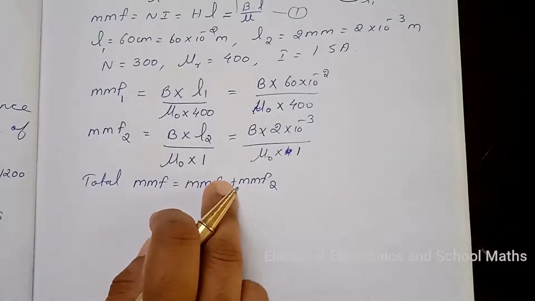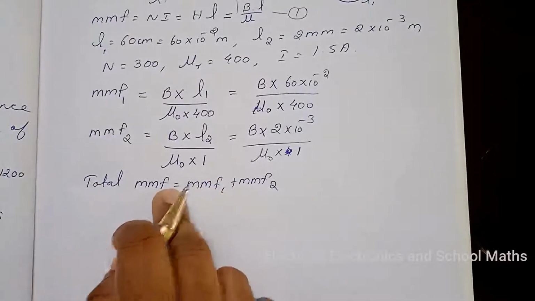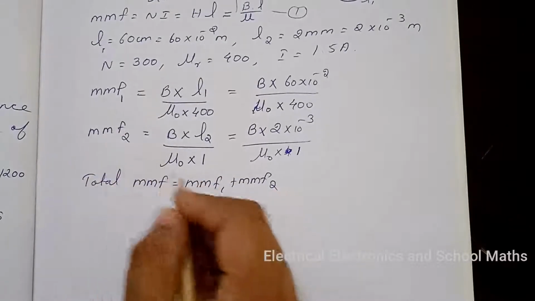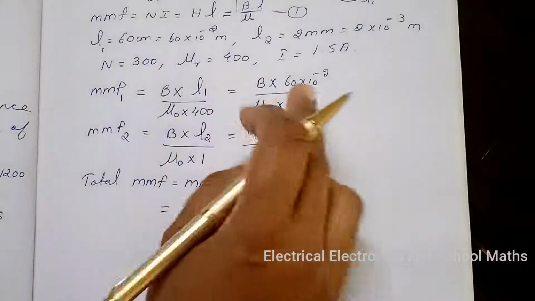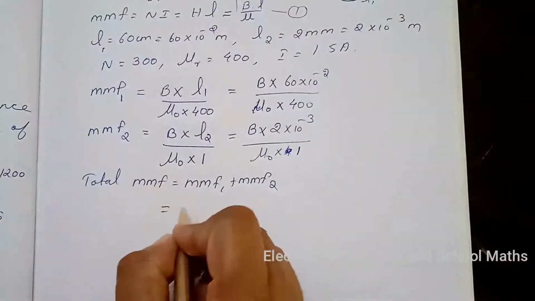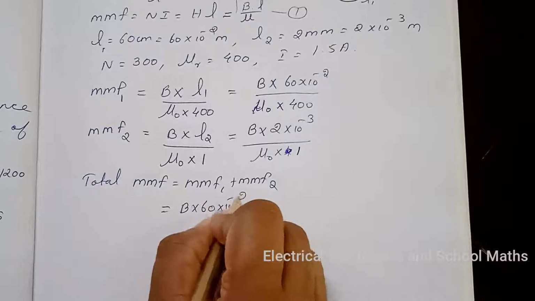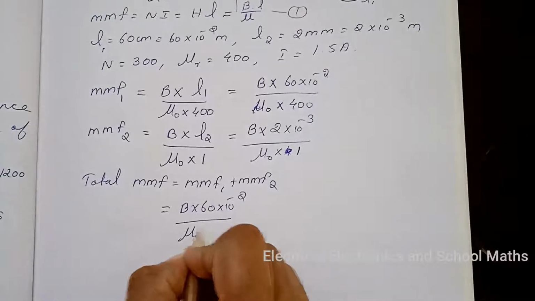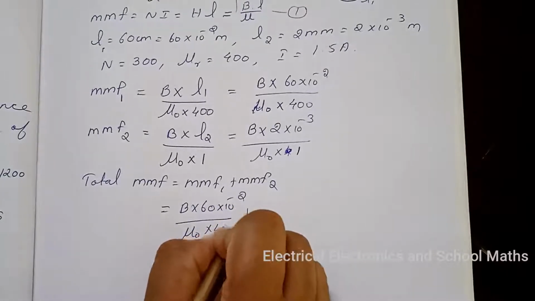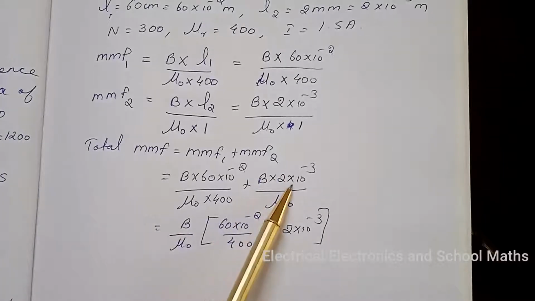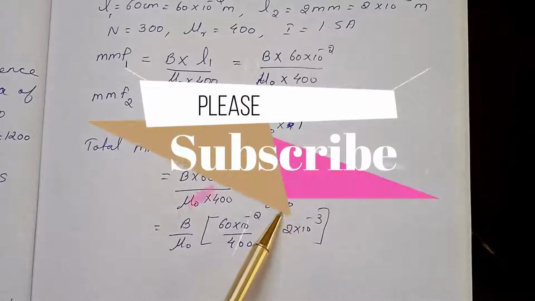Now for a composite circuit, total mmf is given by mmf 1 plus mmf 2, and adding these two, B into 60 into 10 raised to minus 2 divided by mu 0 into 400 plus B into 2 into 10 raised to minus 3 divided by mu 0.